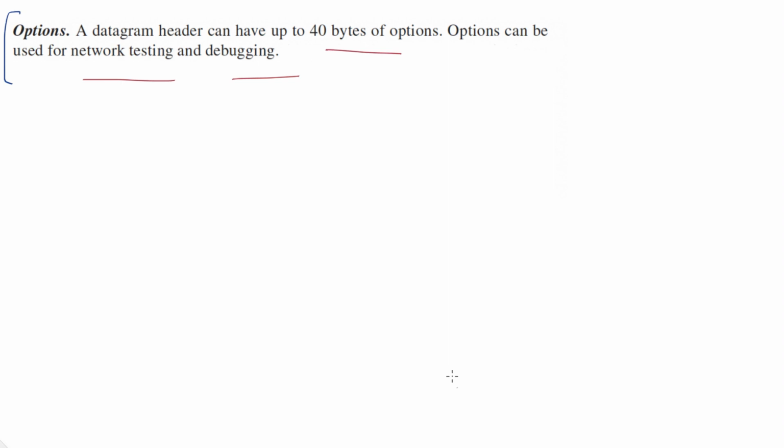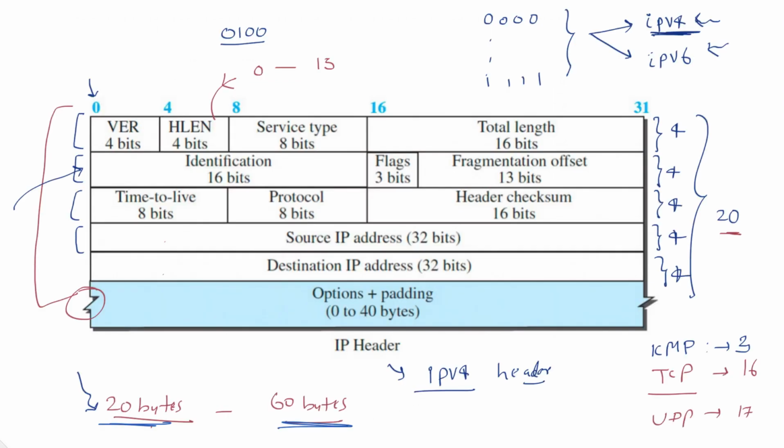So we will not be studying the options field, and that completes our IP header apart from this row. The fields are very easy, from the names themselves everything is obvious. We have not studied this row, we will study it once we study fragmentation, right?